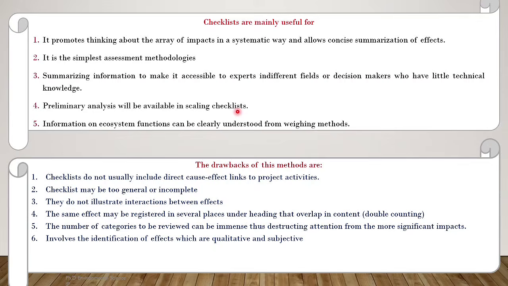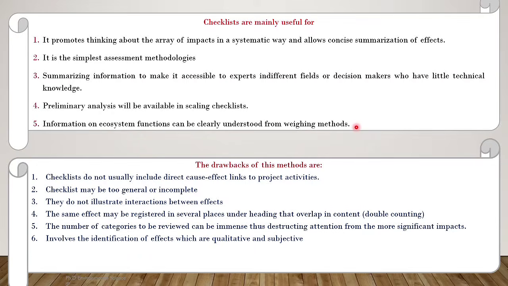This initial insight helps in understanding the potential significance of impacts and in prioritizing further investigation or mitigation efforts. Information on the ecosystem, functions, and environmental parameters can be clearly understood through weighing methods, which assign relative importance or significance to each impact.